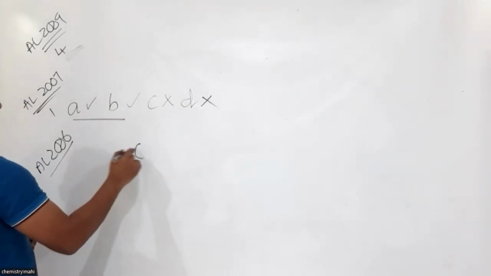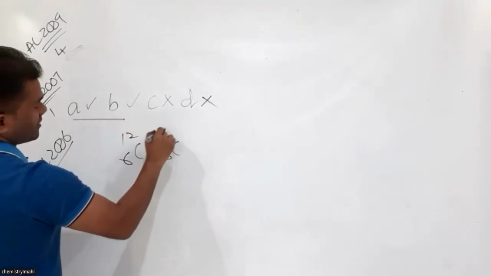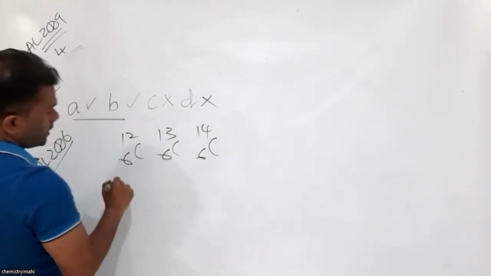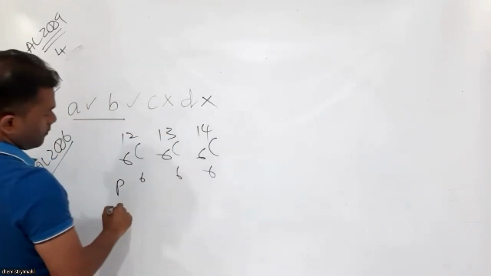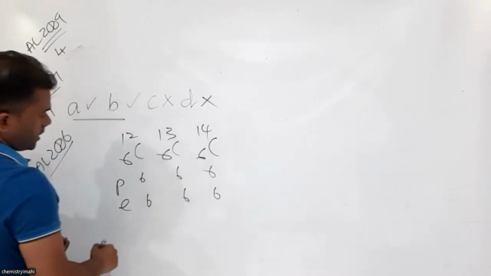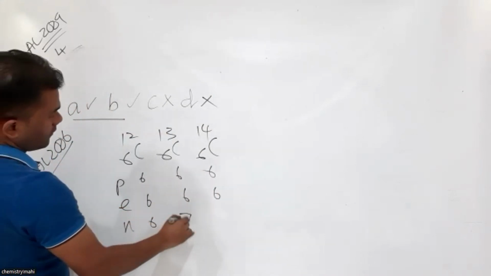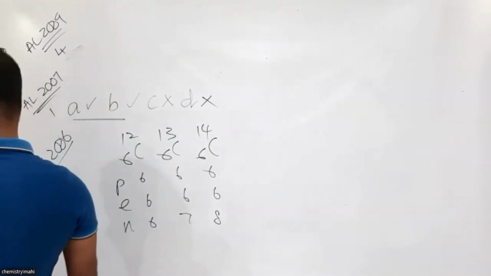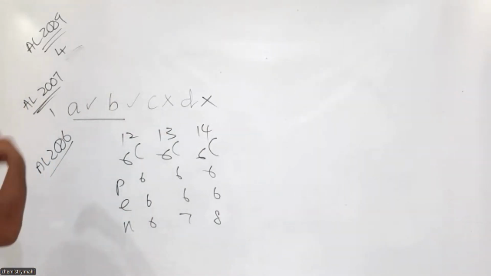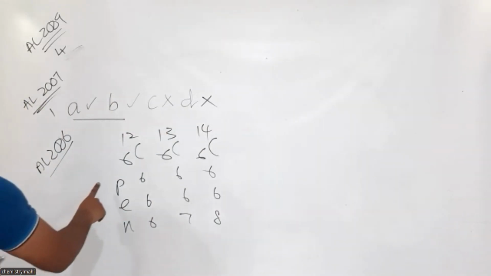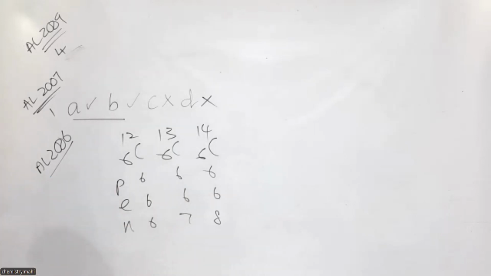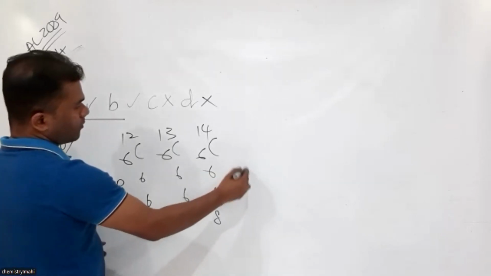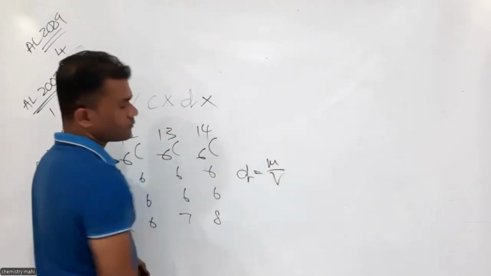This is the one, carbon 12, carbon 13, carbon 14. Number of protons same, number of electrons same, number of neutrons different. That's what I say. Then the first statement they ask as incorrect is actually correct. Number of electrons same. The same density. What about the density normally? Density is mass over volume.